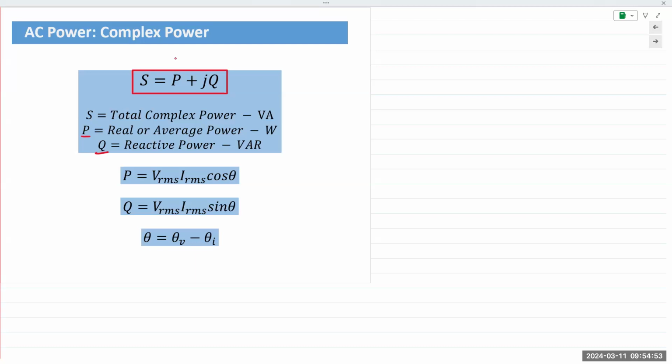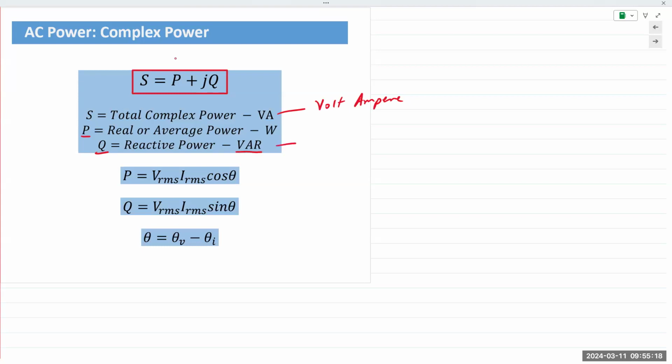The units are not the same. Even though they are power, they're all three different quantities, and there is a reason why we keep it separate. Total complex power is simply volt ampere. Real power is watts, which we are already familiar with.